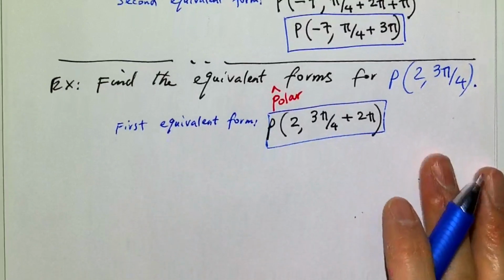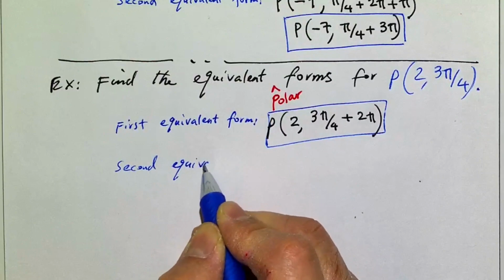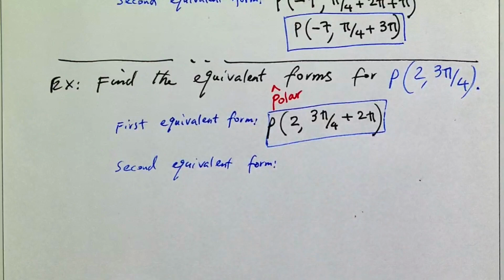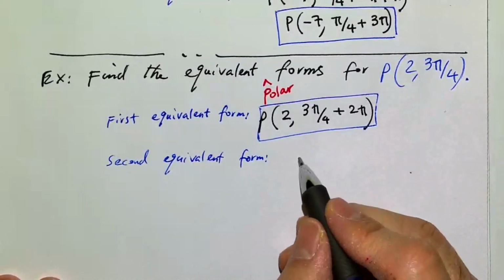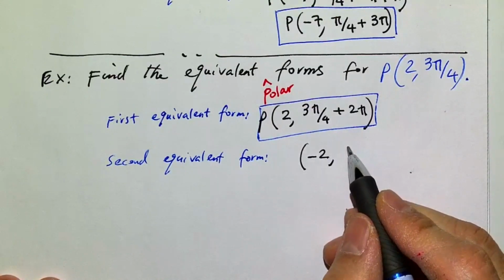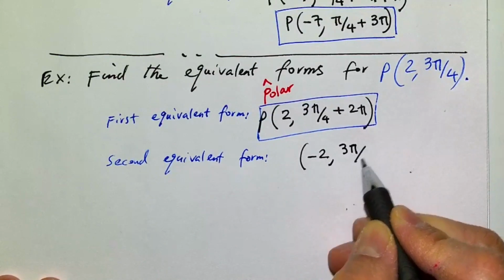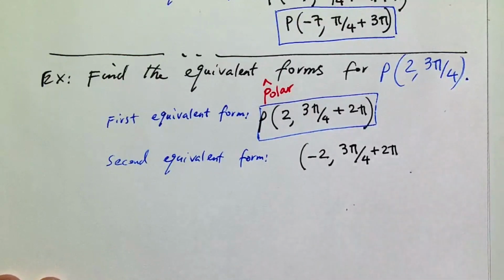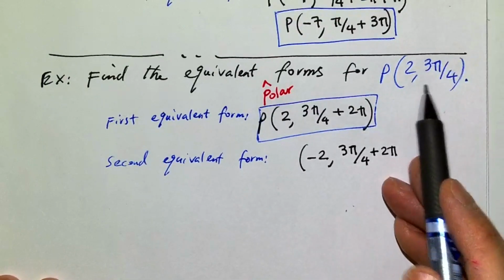And then the second equivalent form, if we make this r value negative, so negative 2 comma 3 pi over 4 plus 2 pi, which we did there, and then add another pi to it in order to bring the point back to that location.